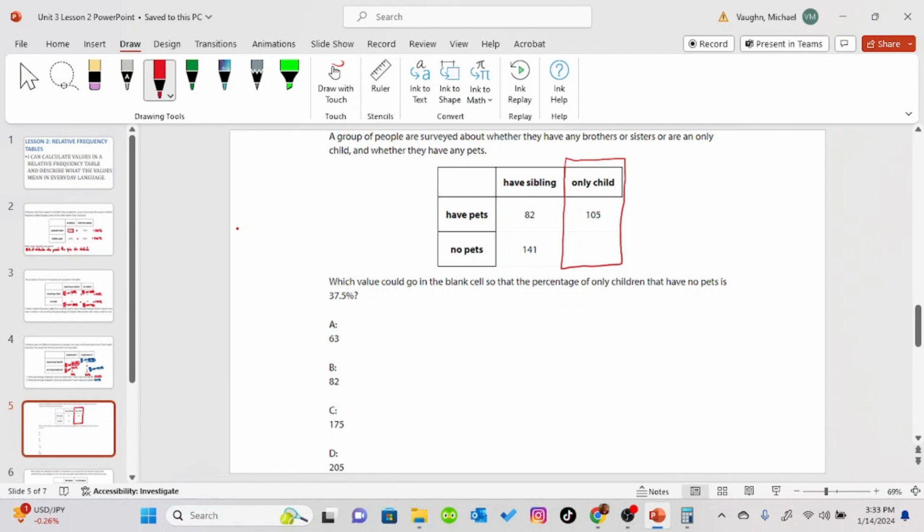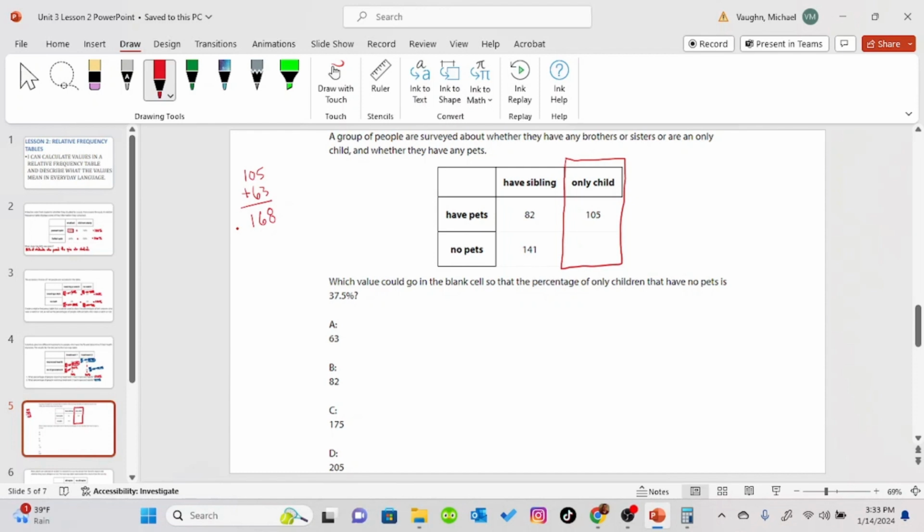So what we can do is start with A, add that to the 105, and then find the percentage after dividing. So if we did 105 plus 63, 5 plus 3 is 8, 0 plus 6 is 6, and we bring down the 1.